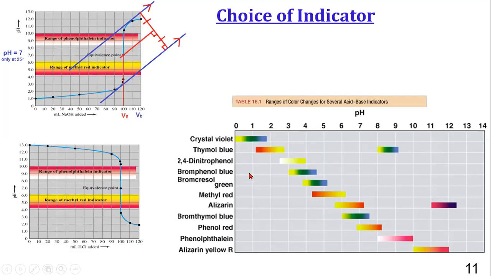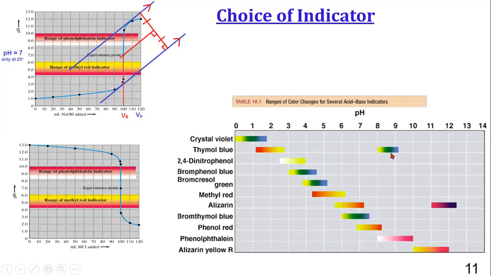There are many, many indicators which I can use. Look at this, crystal violet: the change in indicator color occurs between 0 and 2. We're going to talk about this change in indicator color a little bit later, but I want you to concentrate on where this change occurs.